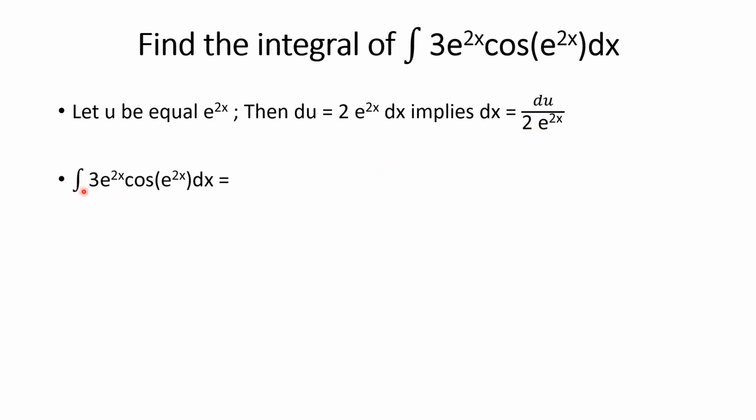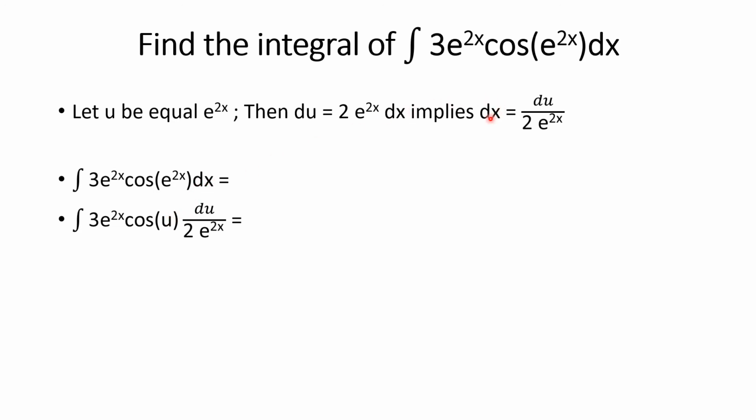So integration of 3 e to the 2x cosine of e to the 2x dx is going to be equal to integration. We leave 3 e to the 2x aside. Cosine, instead of e to the 2x, we replace that by u, and then we multiply that by dx.